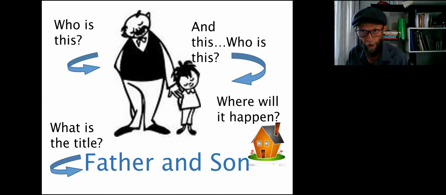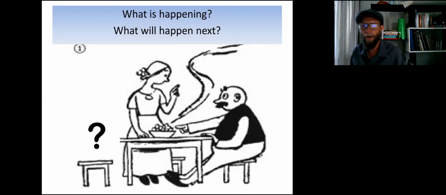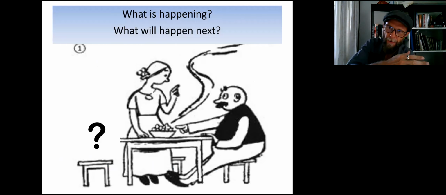Where's it going to happen? In a hospital? No. In a school? No. In a swimming pool? Where do you think? If it was called Doctor and Nurse or Student and Teacher, it's called Father and Son. Part of a family. Where do they live? At home. Okay, cool. What's happening? What will happen next? I'm not going to waste your time or my time just going through hours of all the answers, but let me give you an example.